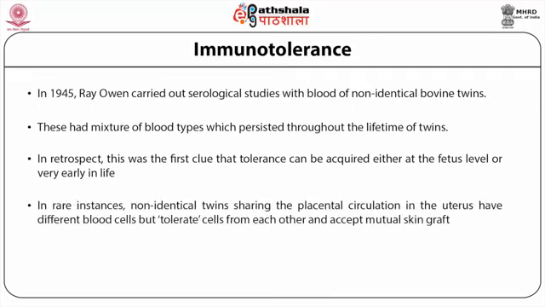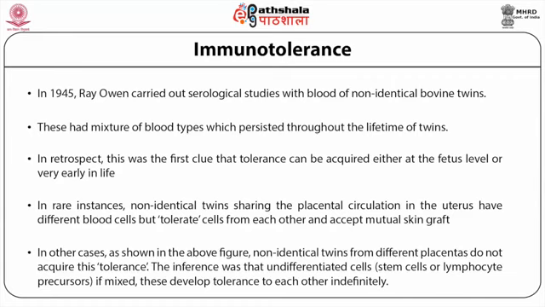In rare instances, non-identical twins sharing the placental circulation in the uterus have different blood cells but tolerate cells from each other and accept mutual skin graft. In other cases, as shown in this slide, non-identical twins from different placentas do not acquire this tolerance.